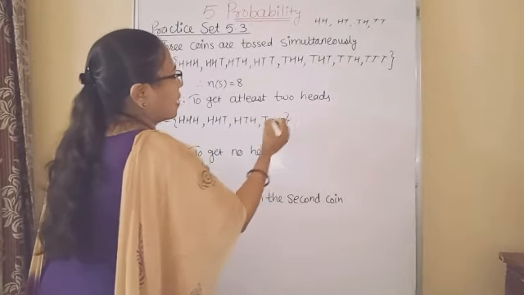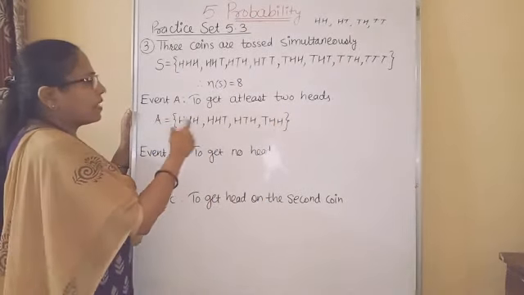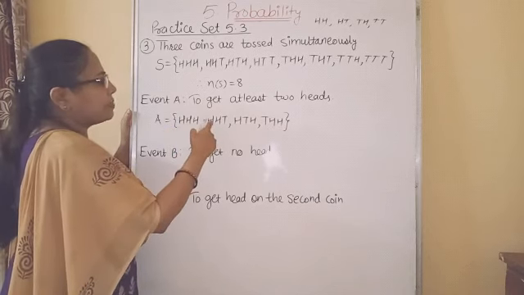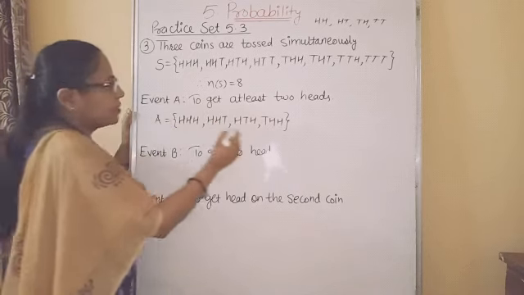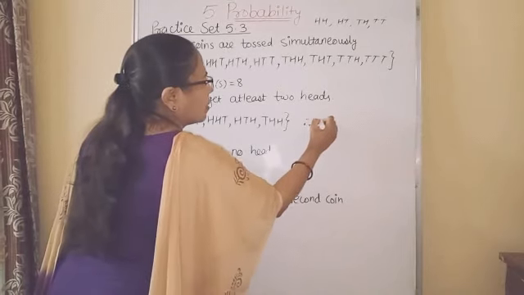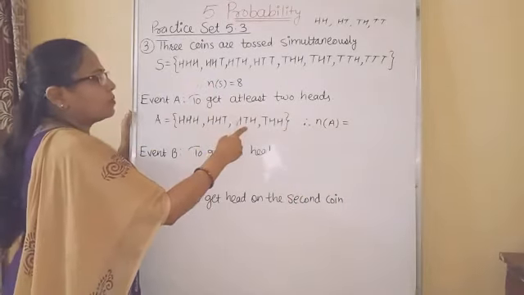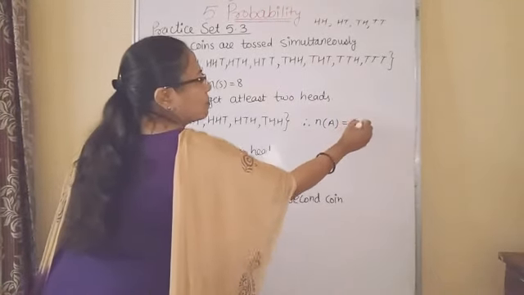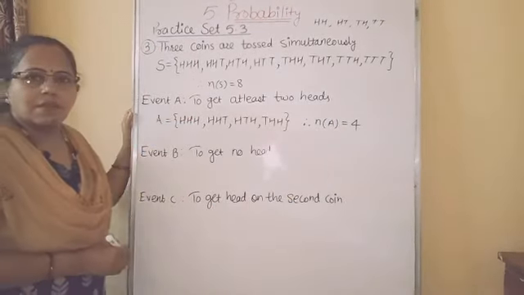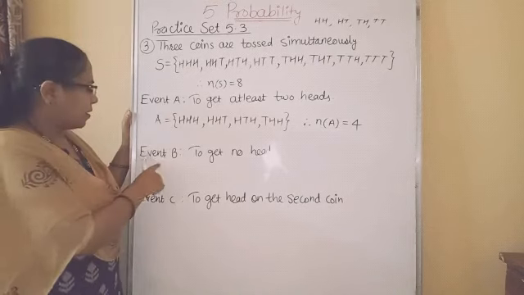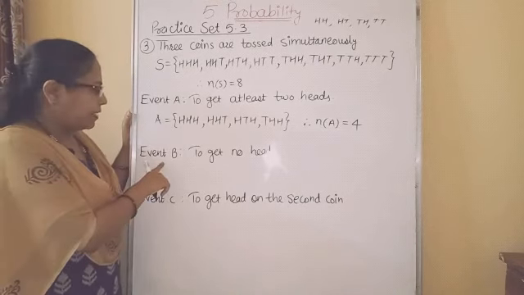So THH is the last result. Okay, so in each result you can see there is minimum 2 heads. Therefore N of A is equal to 4. Follow?